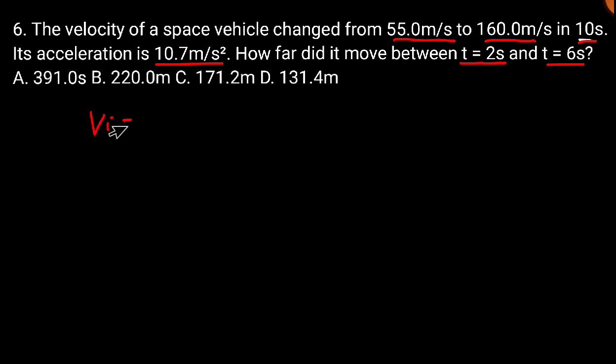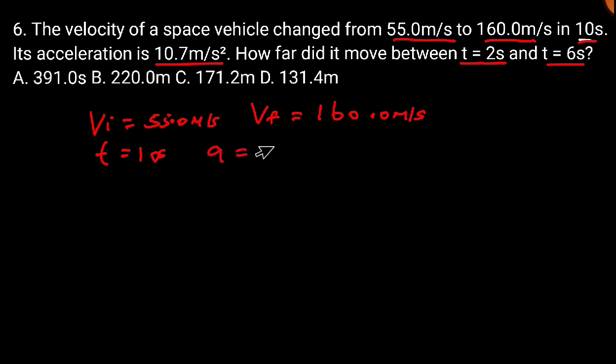So initial velocity is equal to 55.0 meters per second, and the final velocity is equal to 160.0 meters per second. Now the time is 10 seconds from the question, and the acceleration a is equal to 10.7 meters per second squared.